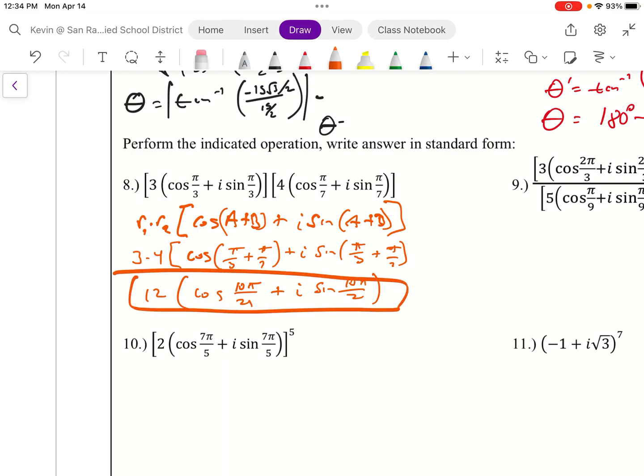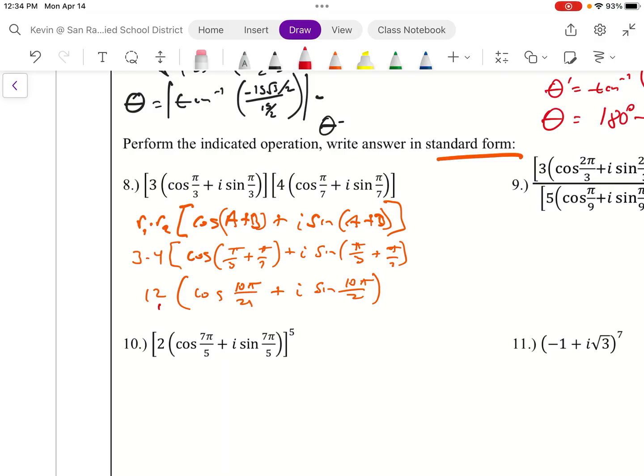Write the trig form. Okay, well that's it. Trig form. All it wanted was the trig form, right? Oh no. Perform the indicated operations. Oh, standard form. Shoot. So what do I have to do? I have to use my calculator. I've got to multiply 12 times whatever this is.